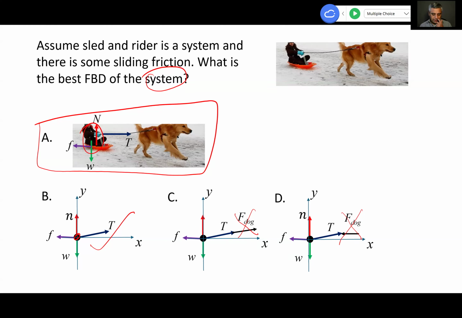See, the dog is maybe a little bit taller than the person's hand. So in that case, there can be an angle. Yes, it could be horizontal or at an angle. But if the dog is taller, then the rope goes at an angle. So that means the tension is going to be at an angle as well. Okay, that's a good point.